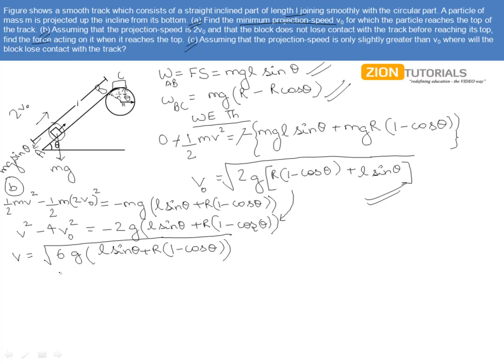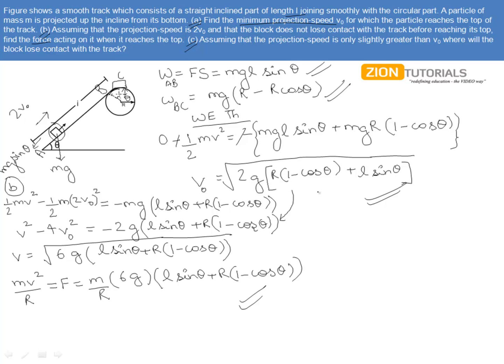Now we need to find out the force at point C. Obviously this is a part of the circular part, so here some centripetal force will be there, and that will be m v squared by r. That is the actual force we need to find out, and that will come out to be m by r into 6g into L sine theta plus r into 1 minus cos theta, giving us the required answer.